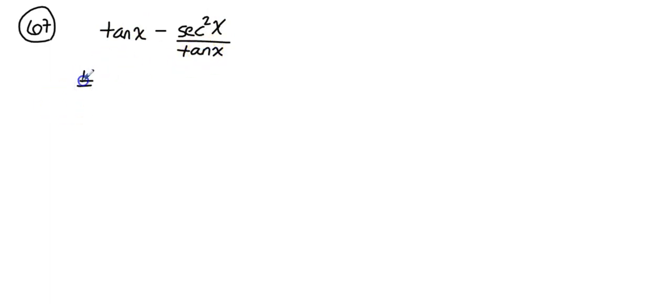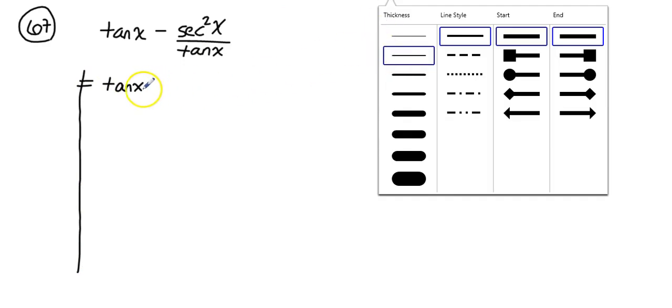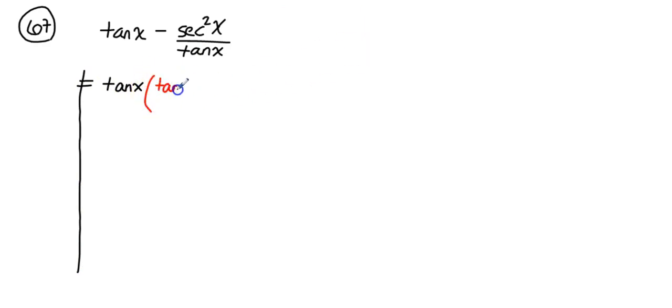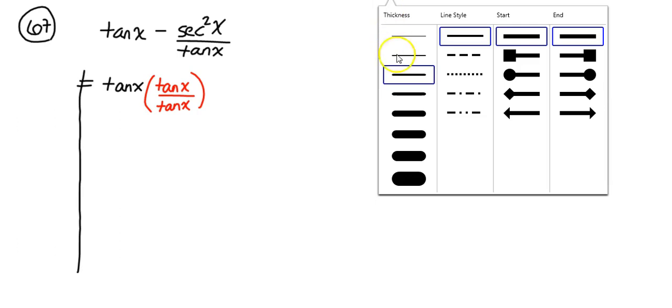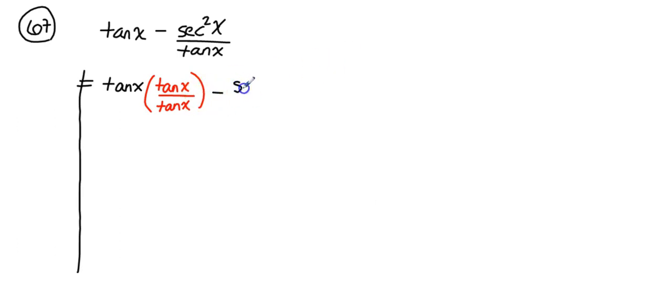So to get my common denominators, I really only have to be concerned with this first term. And I will multiply by tangent of x divided by tangent of x. I get to leave this second fraction alone, which is pretty nice. I don't have to mess with it.